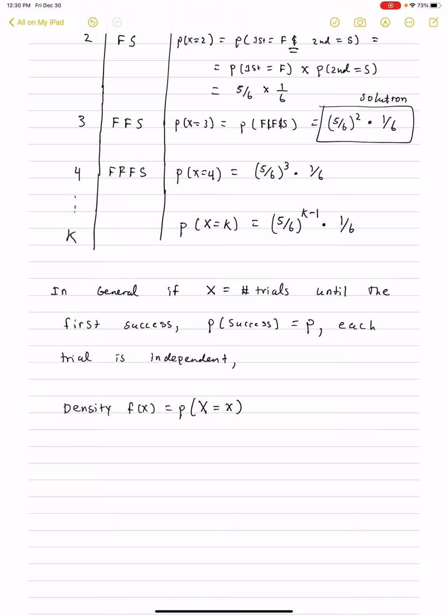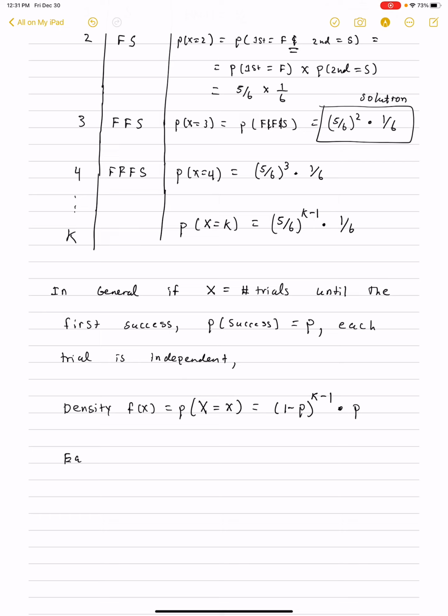Instead of having 5/6, we'll have the probability of failure, that's 1 minus p. After all, 5/6 and 1/6 are related by taking 1 minus the quantity. And we have k minus 1 of those multiplied by p. One last thing is that there's only one of 2 outcomes on each trial.